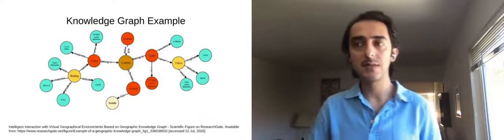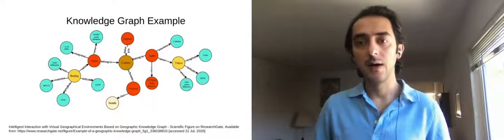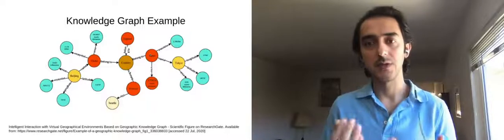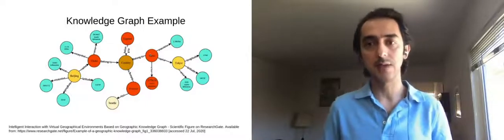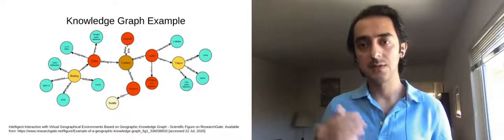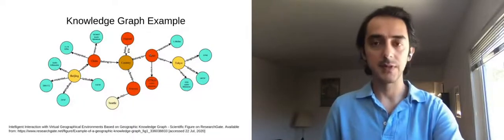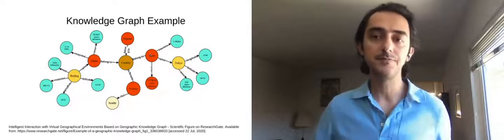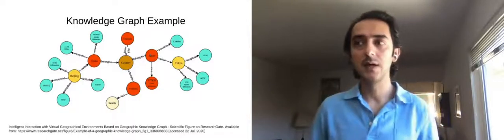So biases are known to be problematic, especially those that relate to social biases, because they unfairly discriminate against certain groups of populations. For example, against minorities, disadvantaged groups, and so on.